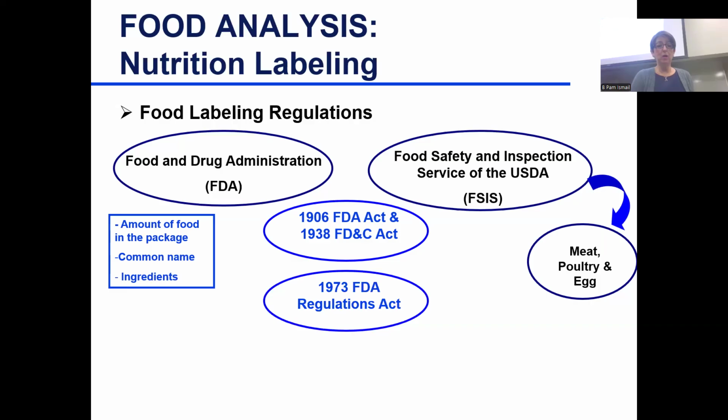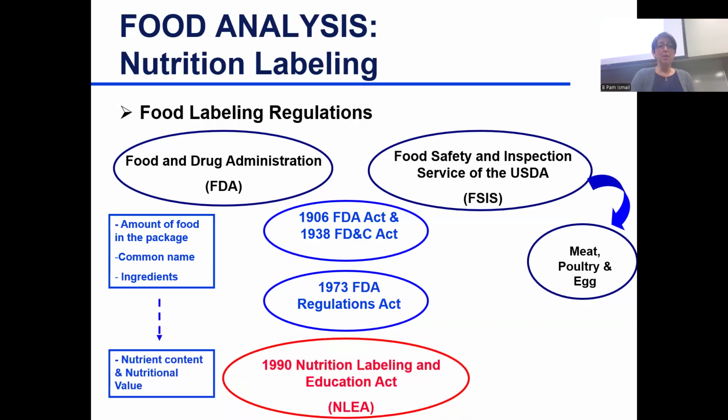It was optional for other foods. But then in 1990, the Nutrition Labeling and Education Act made it required for almost all foods with few exceptions. And then we started putting a lot of the nutrient components, nutritional value, and percent daily value, and we'll talk about that.